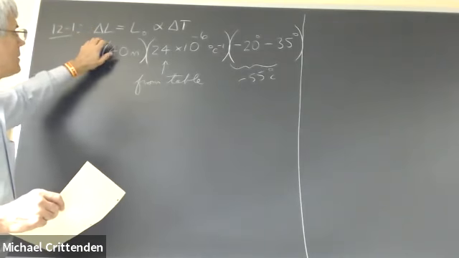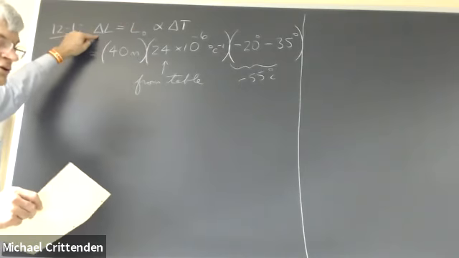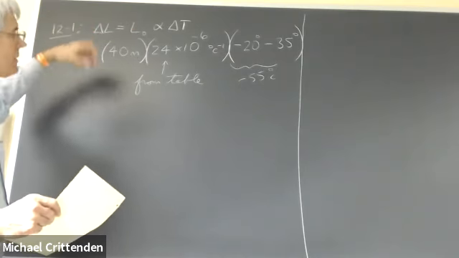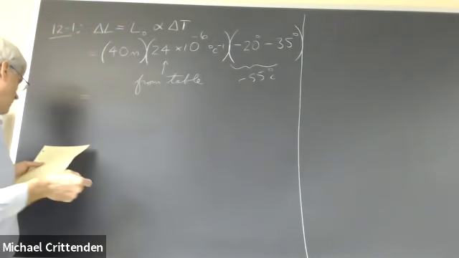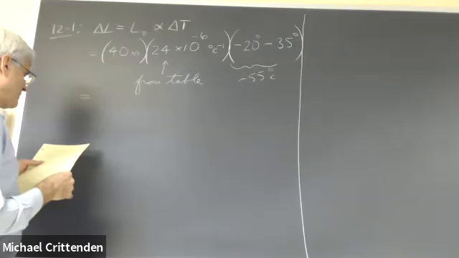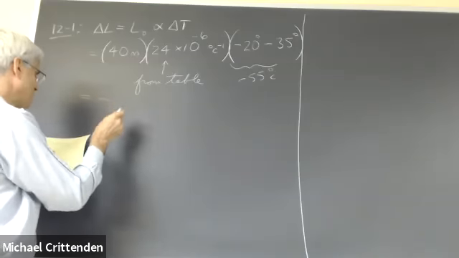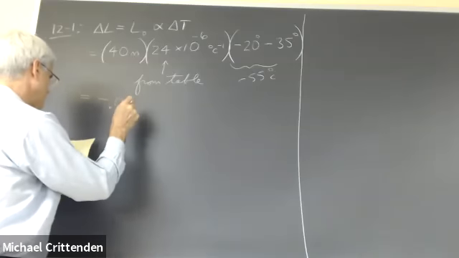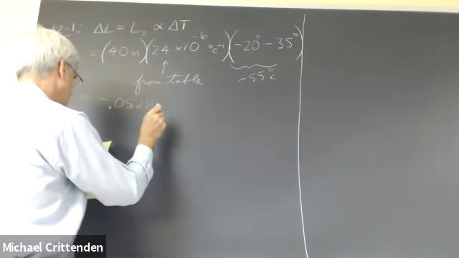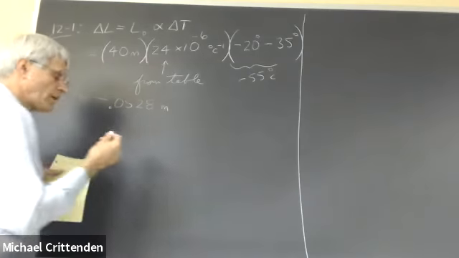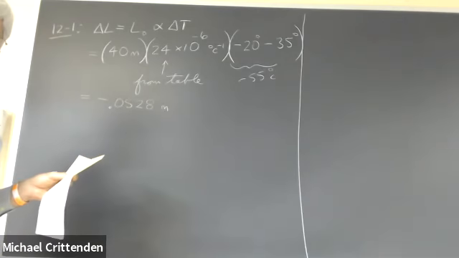Okay, so you get a unit of length from here. So the change in length comes out with a unit of length on it. So the change in length is negative, again, meaning a decrease, 0.0528 of a meter, or in more familiar terms, about 2 inches.